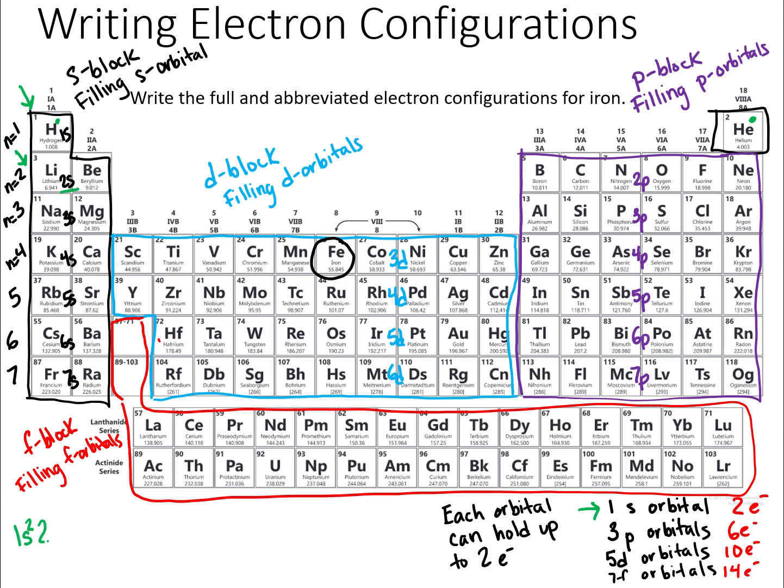I'm filling the 2s next. So we're literally just reading each sublevel off the table from left to right. And just like the 1s, it can hold 2 electrons. We're now at a total of 4 electrons. But iron has 26 electrons. So we've got a ways to go.